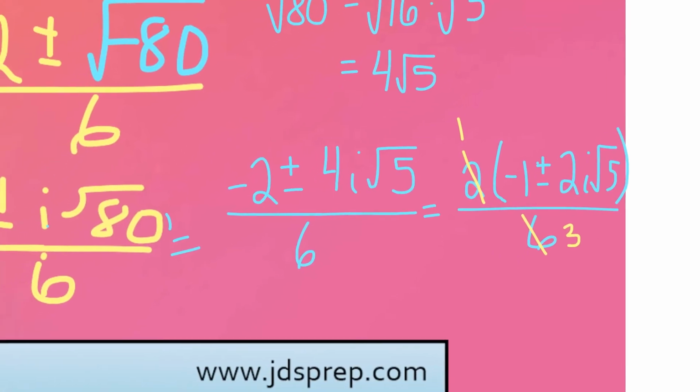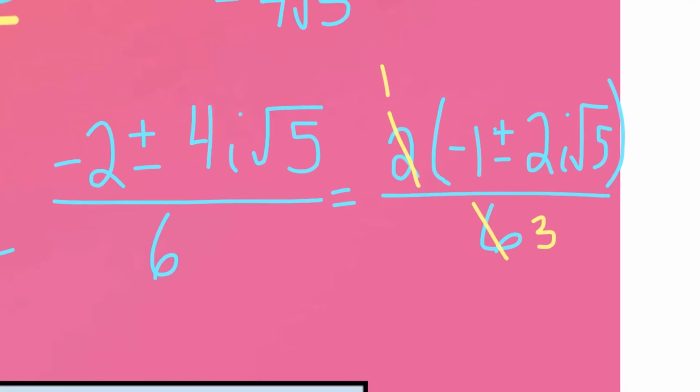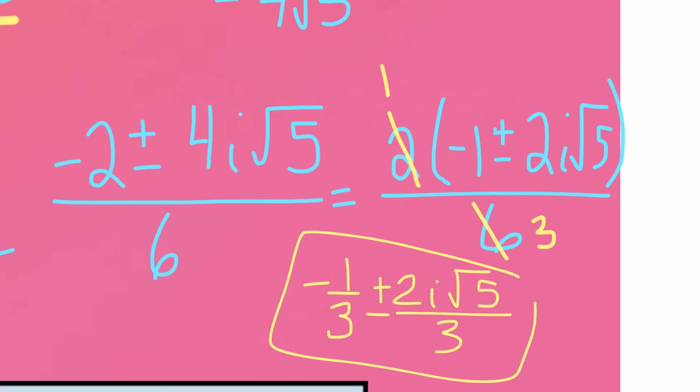So now what we're left with, sorry, I'm really running out of space here, is negative 1/3 plus or minus 2i root 5 over 3. And that would be our simplified answer.